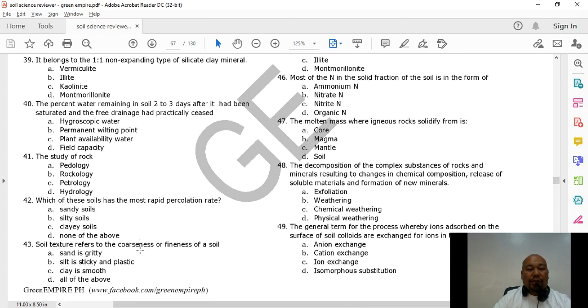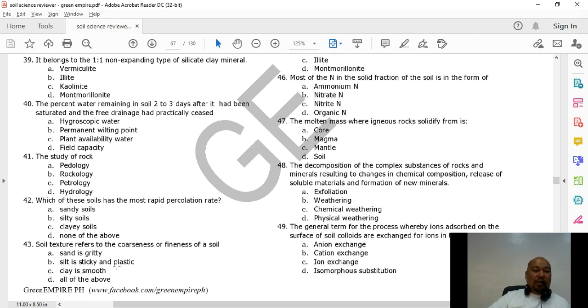Number 43. Soil texture refers to the coarseness or fineness of a soil. Ha? That is not a question. These are among the weird things they do when they make questions. The way I see this, it is not a question. It is a statement. Sand is gritty. Now that is worse.